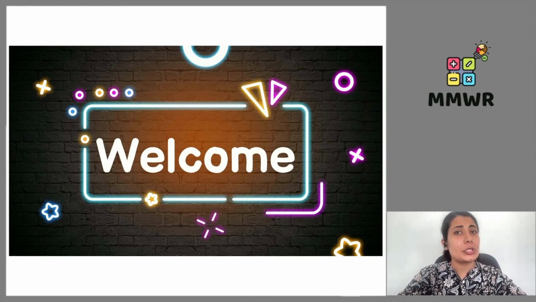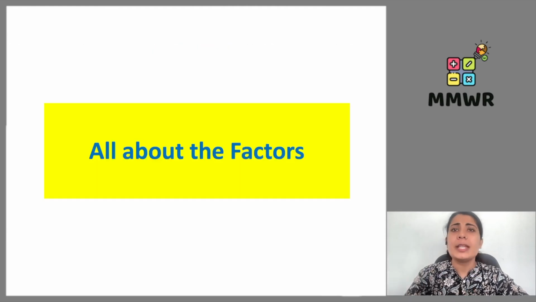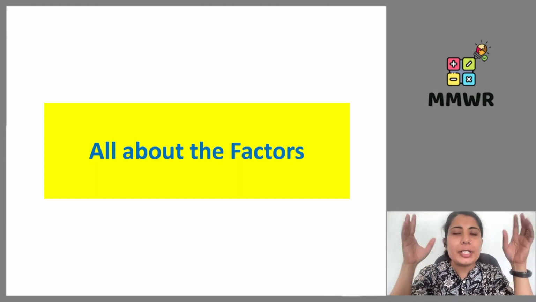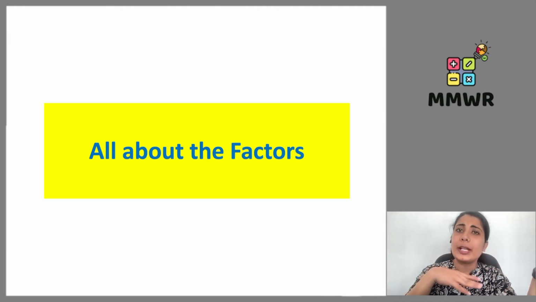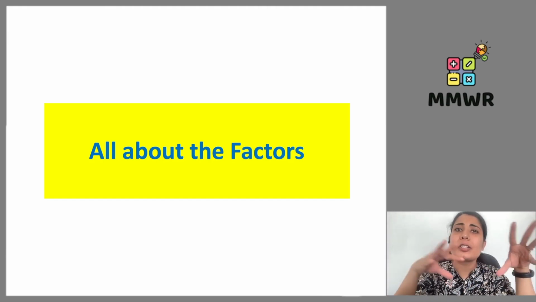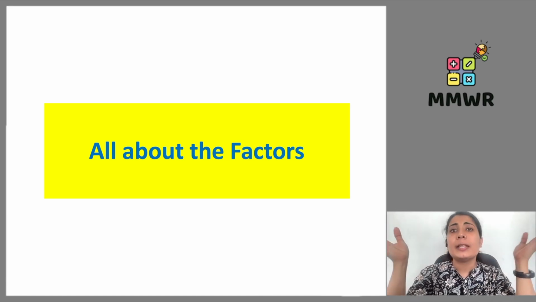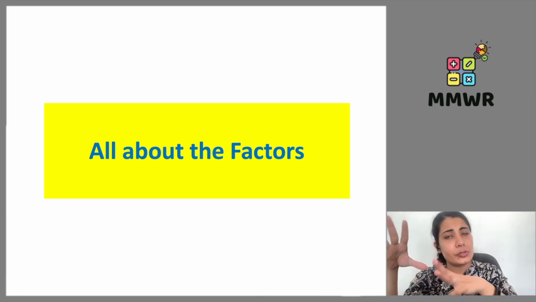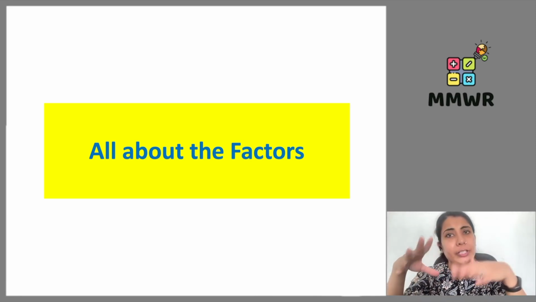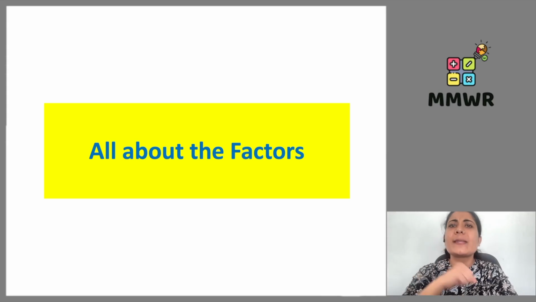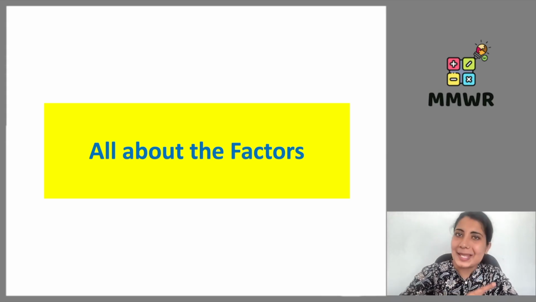As we are continuing with the topic all about factors, we have learned many different small topics: how to find the total number of factors, the sum of even factors and odd factors, their sum, then perfect square, perfect cube, and many other small things, by both the basic method as well as the longer method.